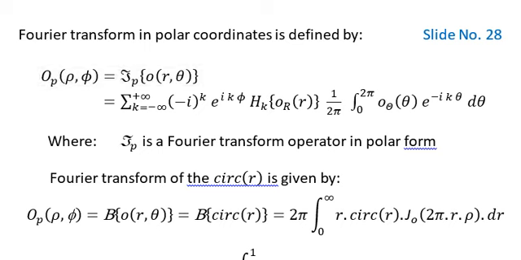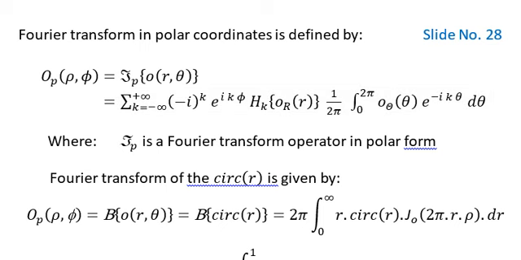The Fourier transform here has the subscript p, which means we are talking about the Fourier transform in polar coordinates of an object small o, which is a function of R and theta. This whole expression stands for the Fourier transform of a polar object which has a radial dependence as well as an azimuthal dependence, and the radial dependence is handled by the Hankel transform.